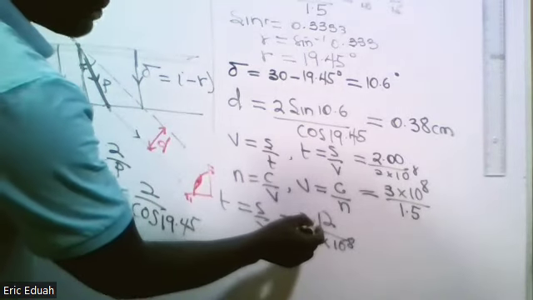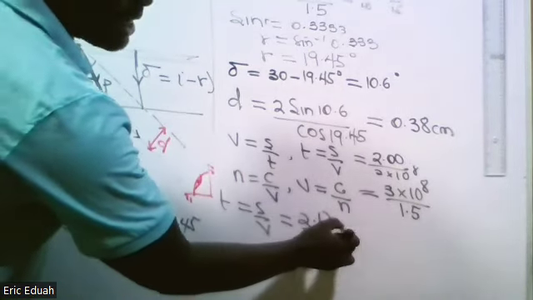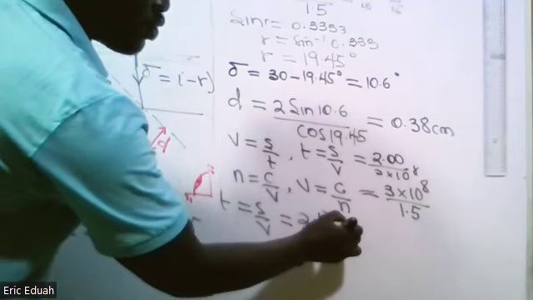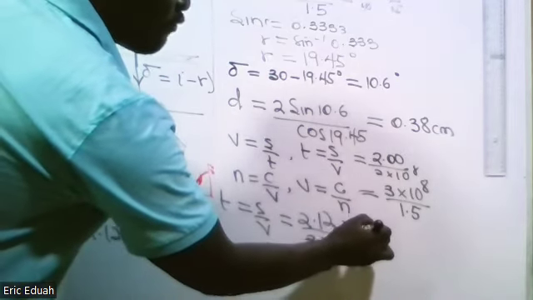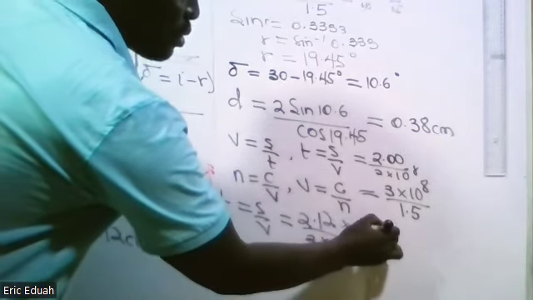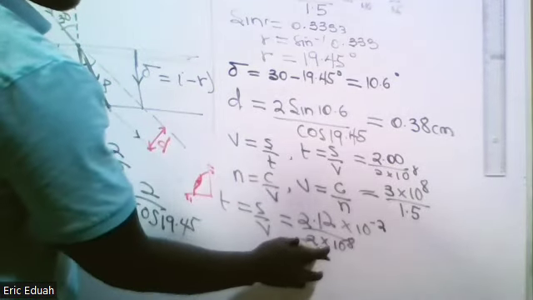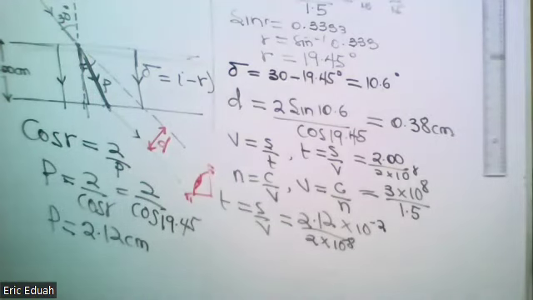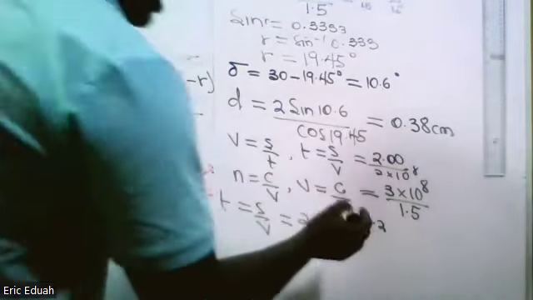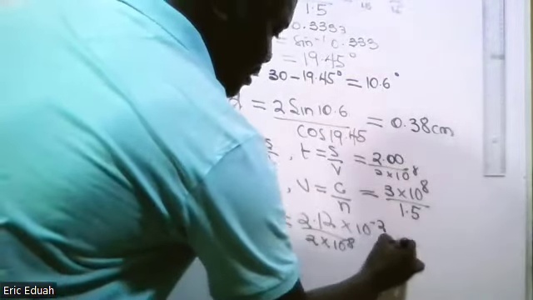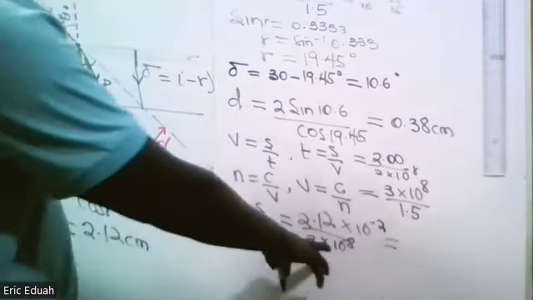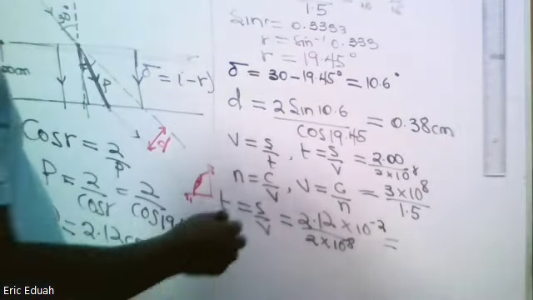This is because 2.12 is in centimeters, so we must convert it to meters before. This is because the speed of light is in meters per second. So we must convert the distance to meters in order to use this.